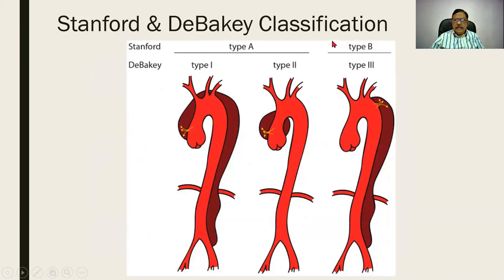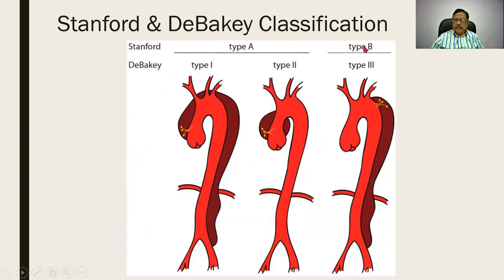Stanford and DeBakey's classification is very important and you people should mention it. It can again be asked as questions, not very difficult. So this is the arch of the aorta and then the descending aorta. See, in type B, there is a dissection that is restricted to the descending aorta. The arch and the ascending aorta are spared.